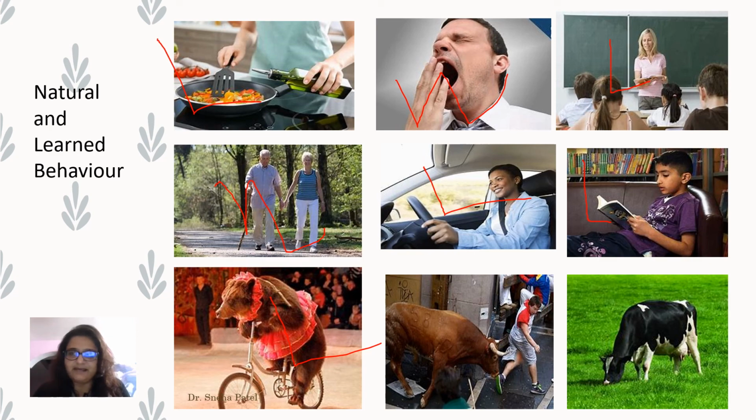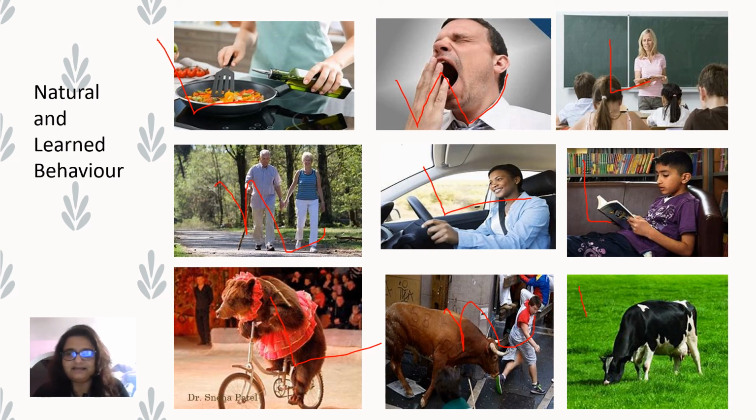This man suddenly notices a cow or a bull behind him. And what does he do? It's a natural reaction. All of us will do this, that we will try to run away from the situation. It's very, very natural. And again here, the cow is grazing. That's also related to our basic need.